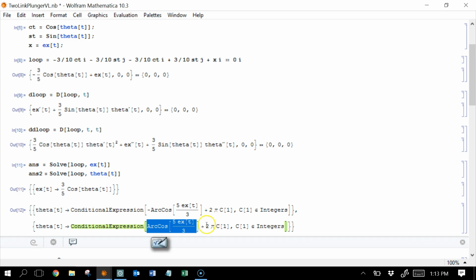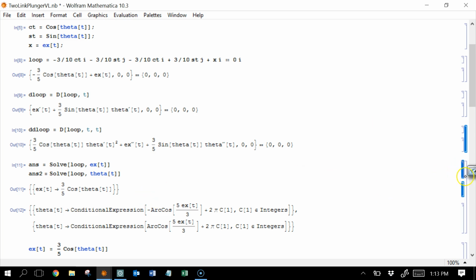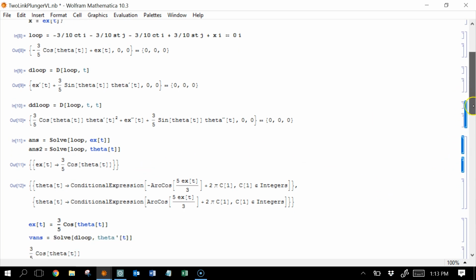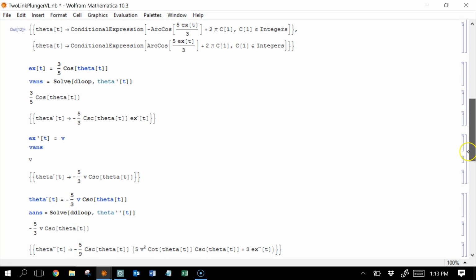And then this thing right here, if you notice, it's 2 pi, that's 360 degrees, and it's saying that C1 is any integer number, so it's 0, 1, 2, 3. So in other words, this is the answer, plus 360, plus 360 times 2, plus 360 times 3, and I think you get the idea. Mathematica doesn't know that all you want is the first one, so it gives you all of them. But anyway, no big deal.